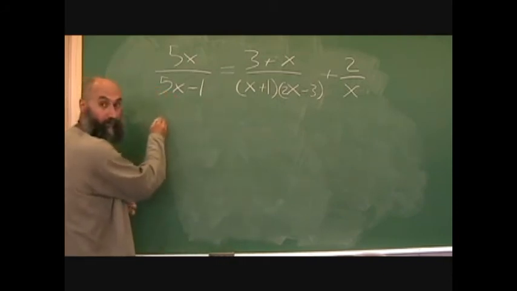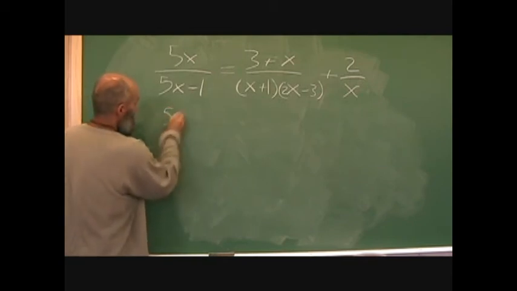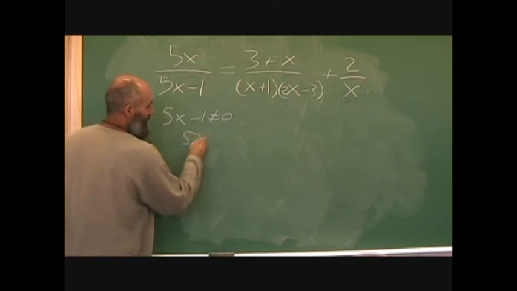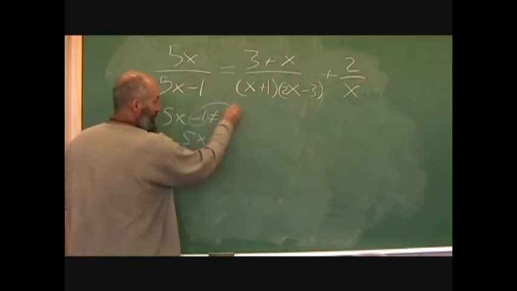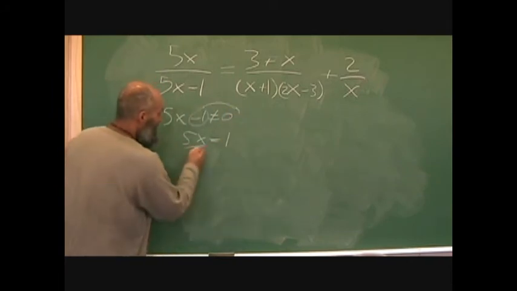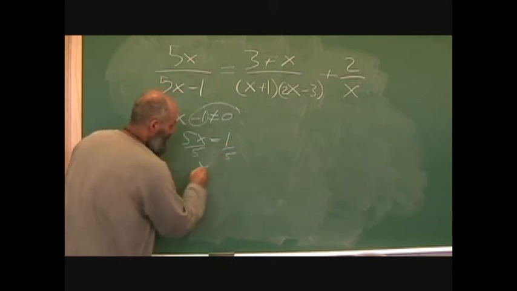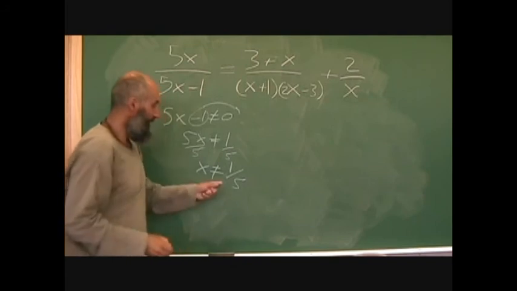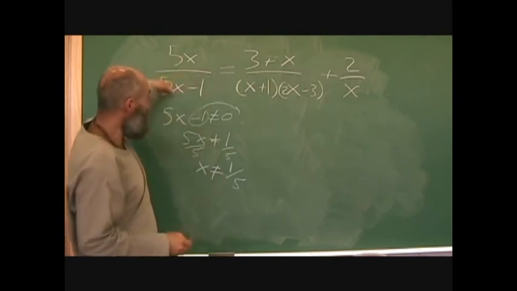Over here, you would go 5x minus 1 cannot equal 0. So 5x cannot equal 1. You just grab the 1, bring it over, divide by 5, so x cannot equal 1 over 5. Okay? That's one restriction. That's for this term only.